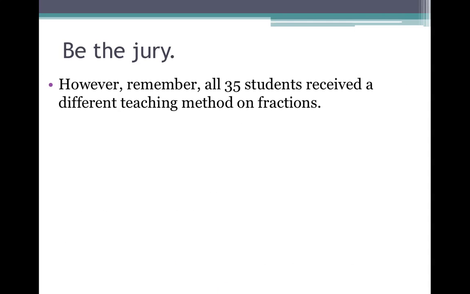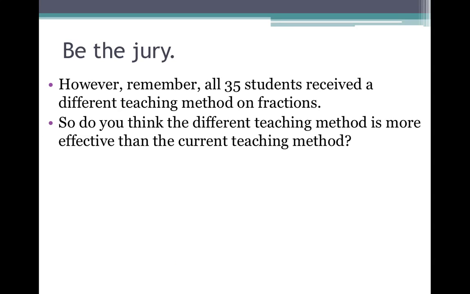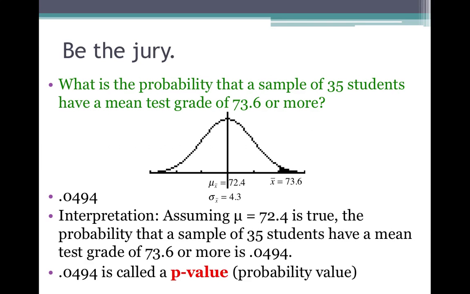So let's remember that all 35 students received a different teaching method on fractions. Do you think the different teaching method is more effective than the current teaching method? So give it some thought. Do you think that our x-bar of 73.6, which has a likelihood of happening at random of 0.0494, or 4.94%, that's the likelihood of this happening at random.